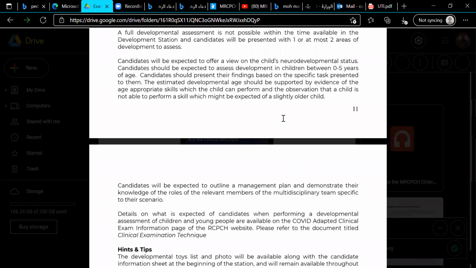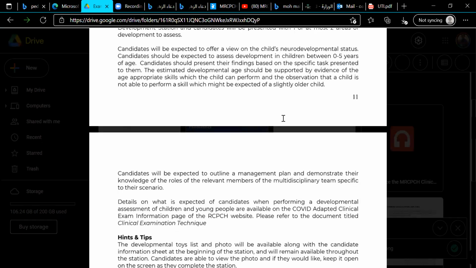And the other point is that we will not ask about any detailed history about the specific task which was given. But I want someone to confirm that during history summarization, we will not give a developmental age.